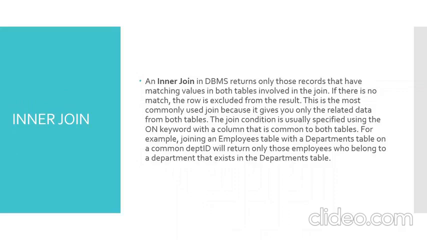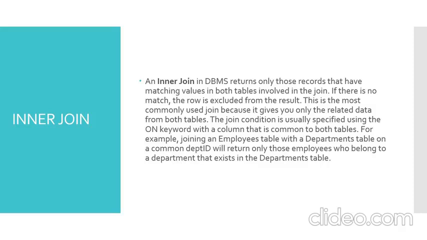Let's move to the inner join. An inner join in DBMS returns only those records that have matching values in both tables involved in the join. So if there is no match, the row is excluded from the results.